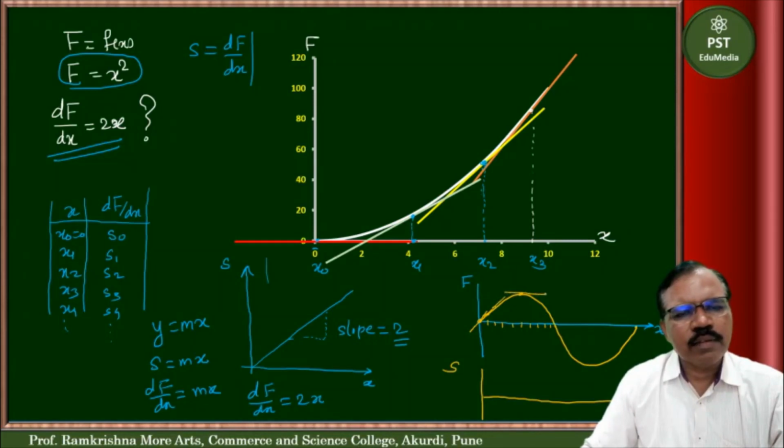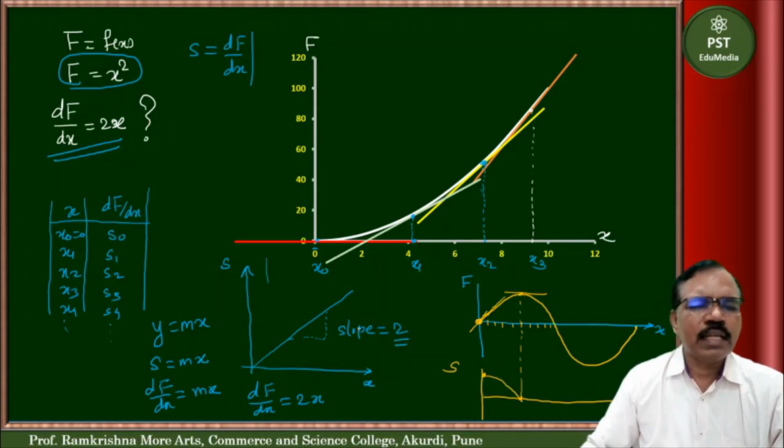Your tangent will be horizontal here, so slope will be 0 at this point, while at this point slope will be maximum. So you will observe graph up to this point is like this.